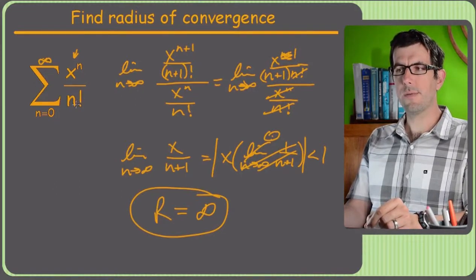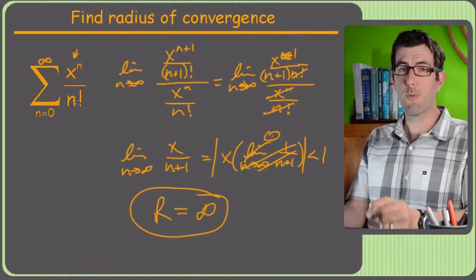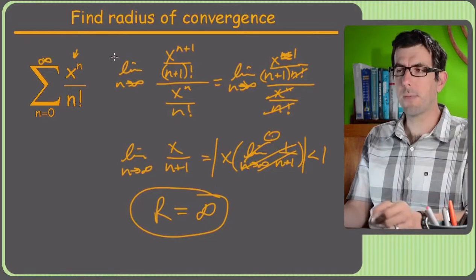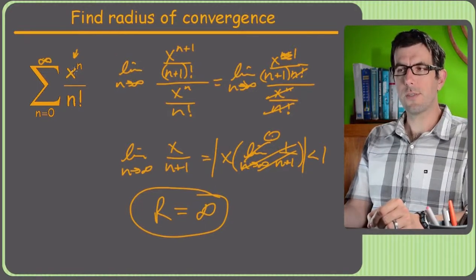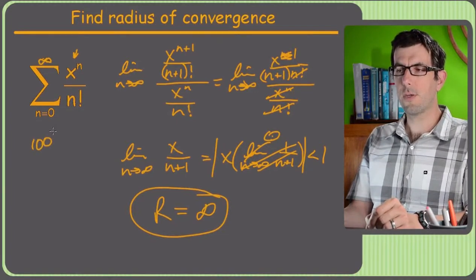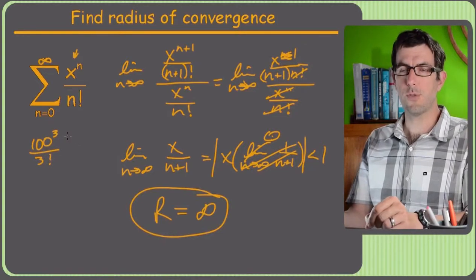And the reason for that is that n gets really, really big, right? n goes to infinity. So even if you had x equals 1,000, which is obviously a pretty big number, 1,000 squared, 1,000 cubed is pretty big. And at first the terms would be ridiculously large, because 1,000 cubed over 3 factorial is a huge number. It's close to 1 billion.